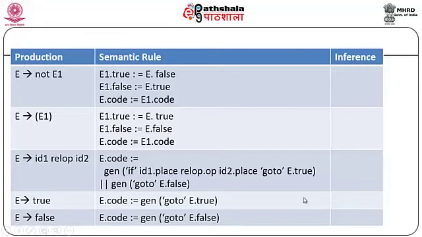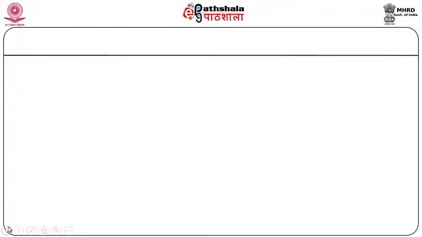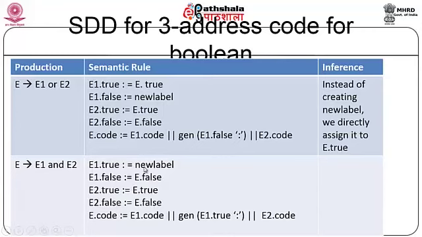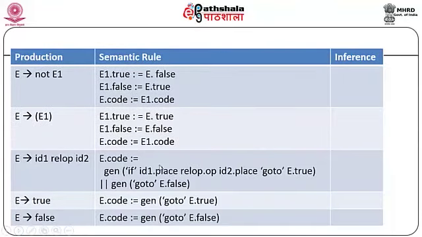Now, this true and false will be labels, which are new labels as already discussed here, or it could be the false and true of the parent. So, it could be a new label or it could be a false and true of the parent. That is what is generated here.